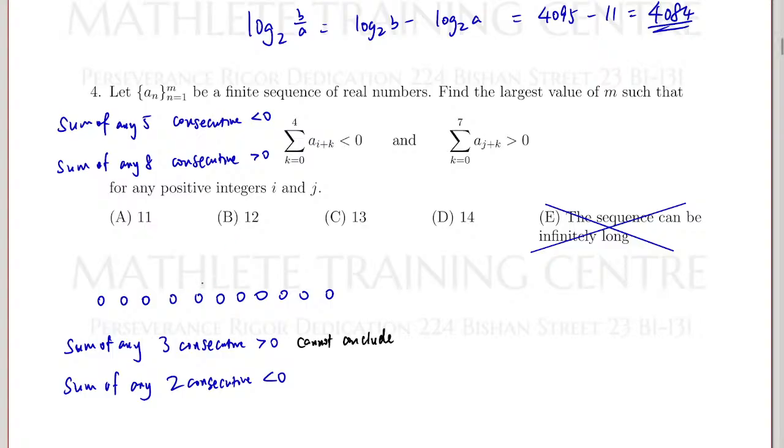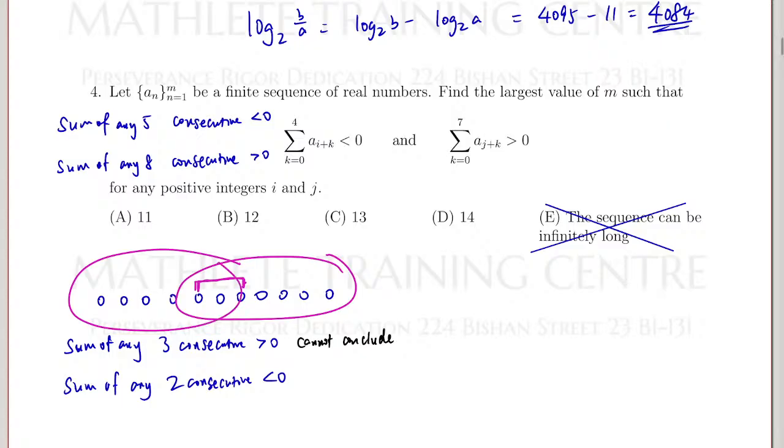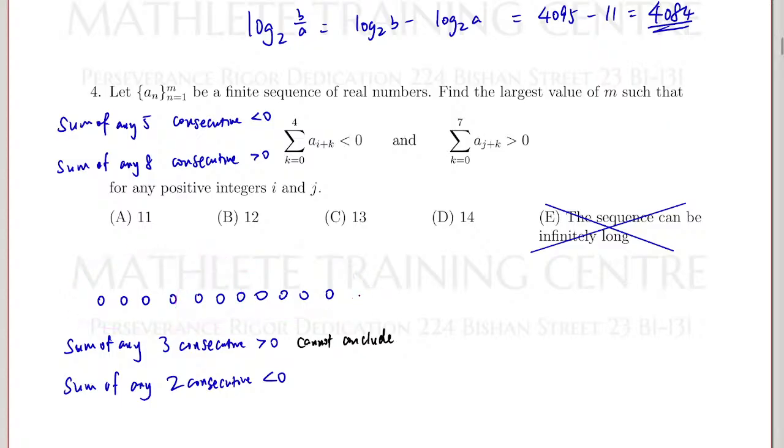Because if I choose, let's say, the middle 3, can I say anything about this? The answer is no. I cannot say anything about this because this middle 3 is not part of an 8 minus 5, right? There's no 8 minus 5 here on this side. There's no 8 minus 5 here on the other side as well. So you cannot conclude that.